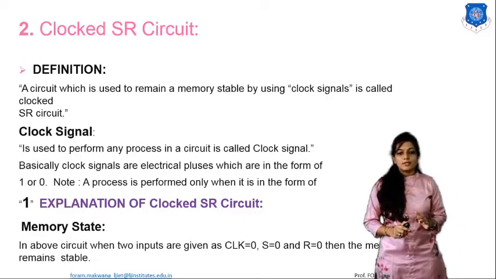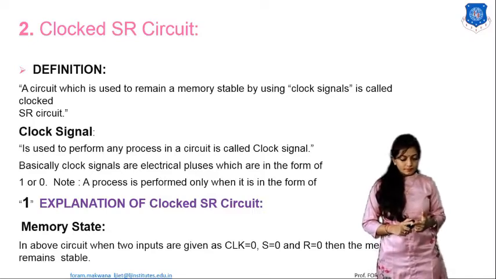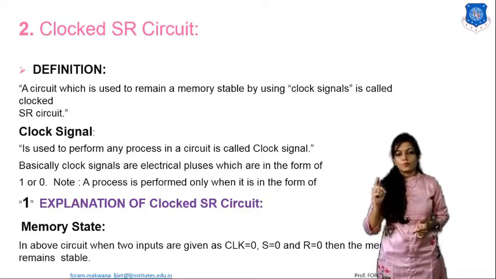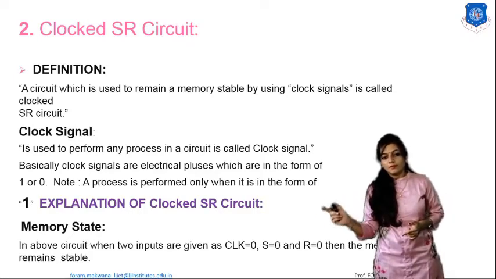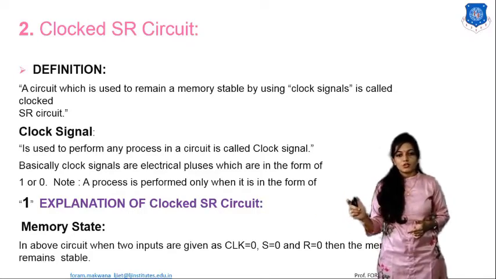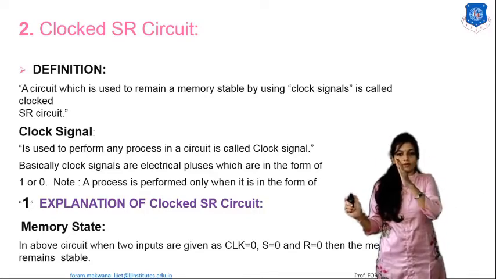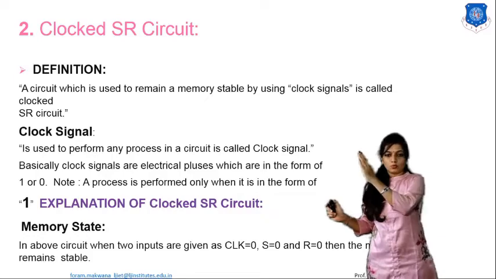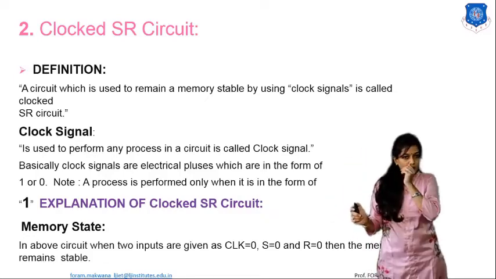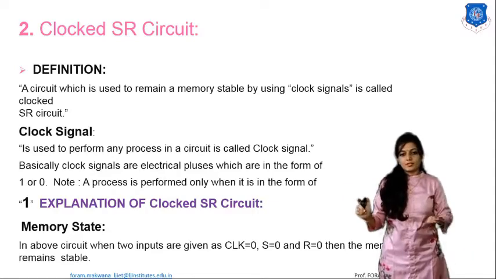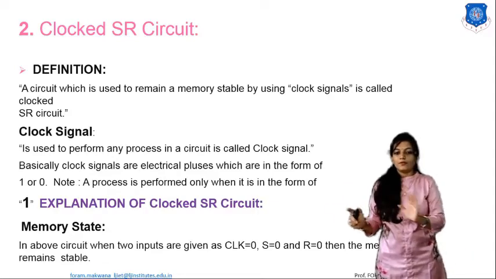Clock is basically the successive repetition of my square wave or successive repetition of pulses. That means it has 0, 1, 0, 1. Alright? Successive repetition of 0 and 1.